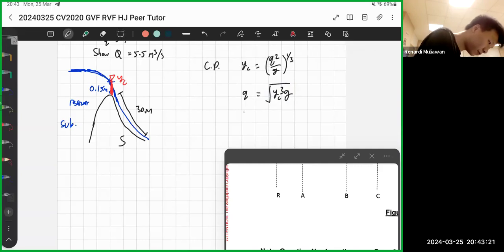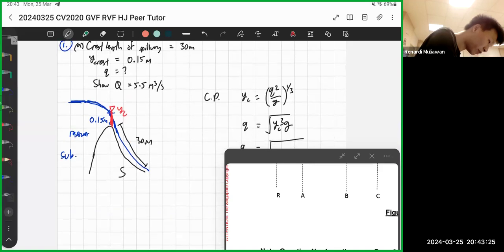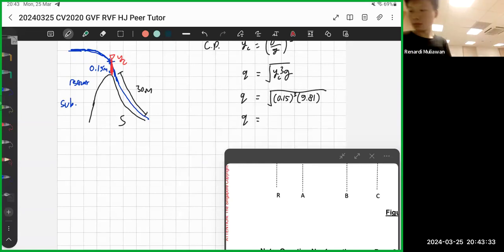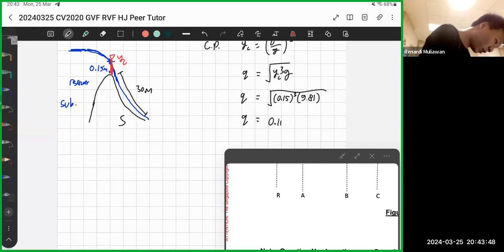In this case, Q equals the square root of YC, 0.15, cubed, times g, 9.81. I don't have my calculator, wait. I didn't expect to do calculations. Okay, 0.182 meters squared per second.